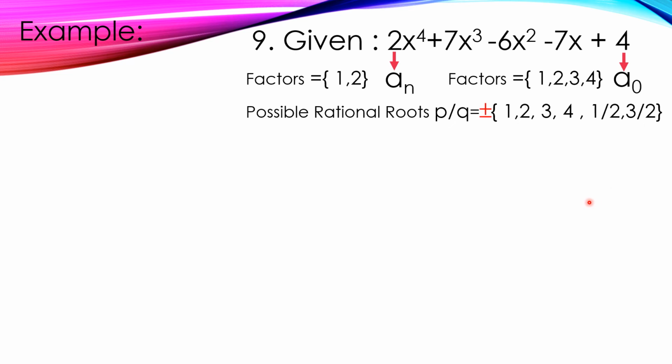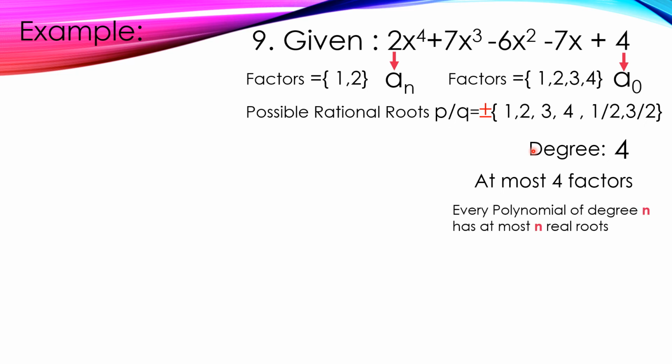Okay, take note that all of these terms have a positive and negative sign. The degree of the given polynomial is 4, meaning the highest exponent is 4. Hence, there are at most 4 factors. Take note that every polynomial of degree n has at most n real roots. Okay?